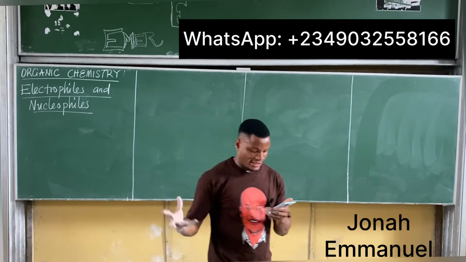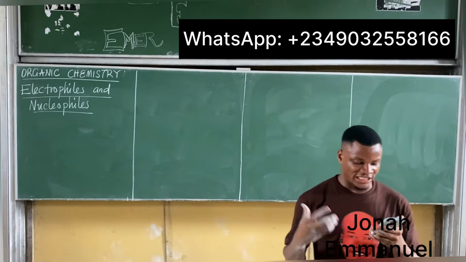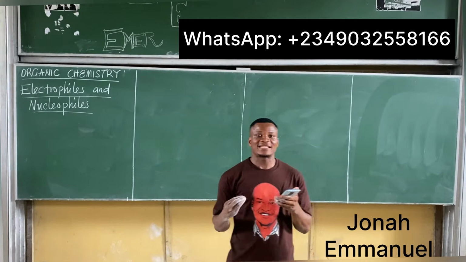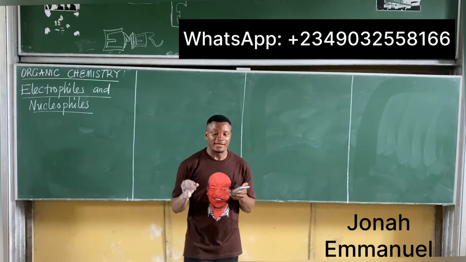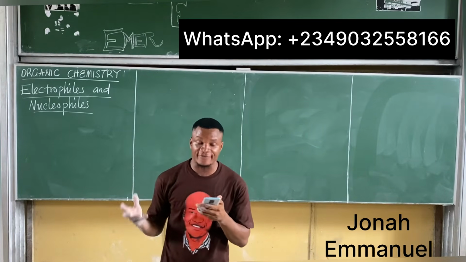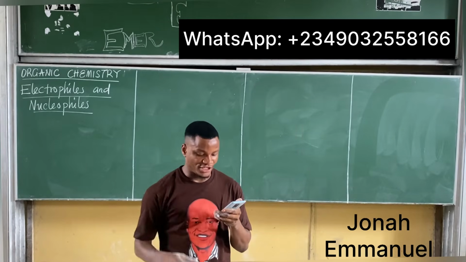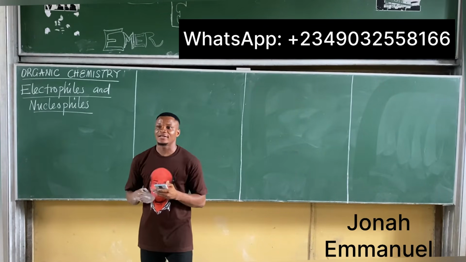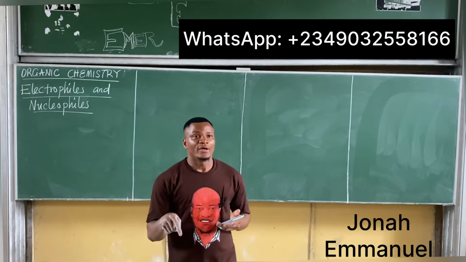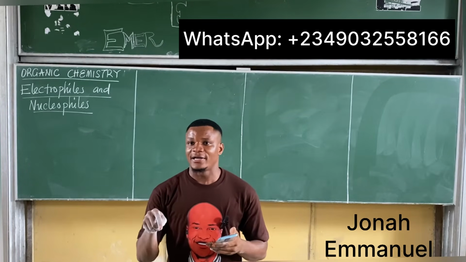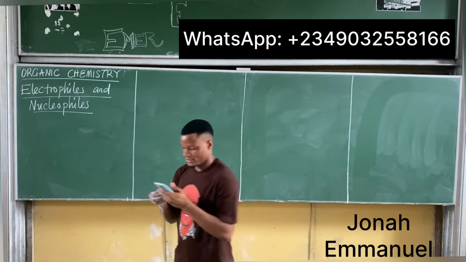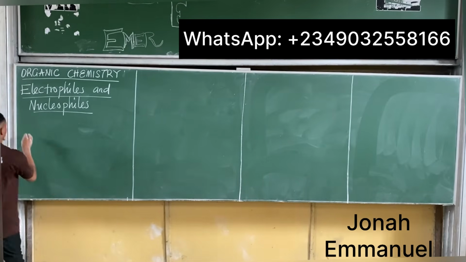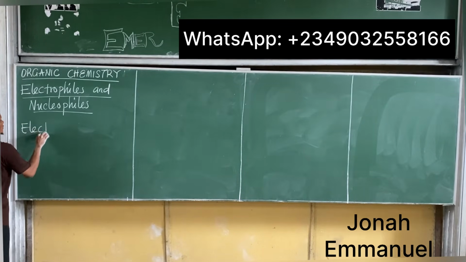Electrophiles are electron deficient species and can accept an electron pair from electron rich species. Full stop. They usually have a positive sign in bracket, plus.